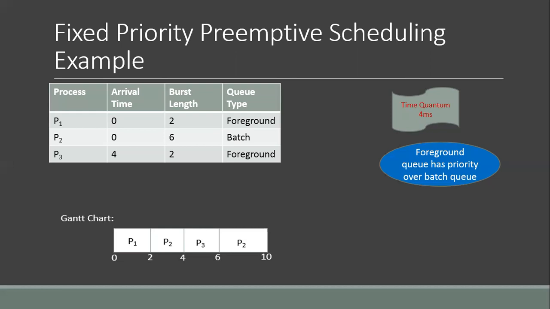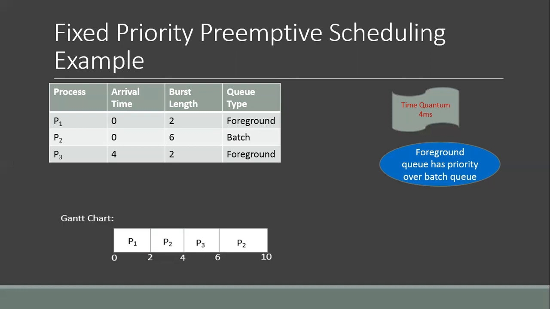At time 0, there are two processes in two different queues. Process P1 is in the foreground queue and process P2 is in the batch queue. Because the foreground queue has absolute priority over the batch queue, the process from the foreground queue will be selected for execution.